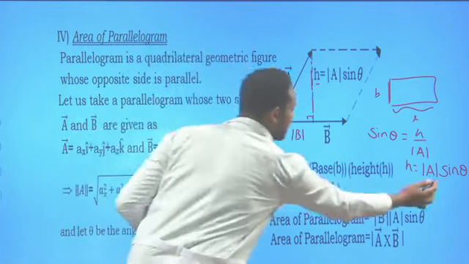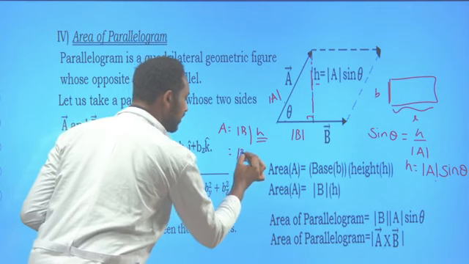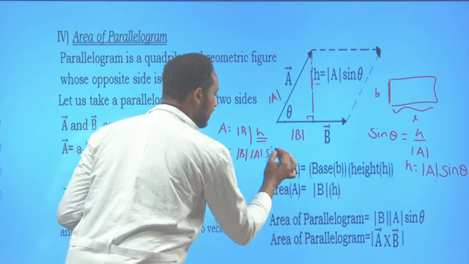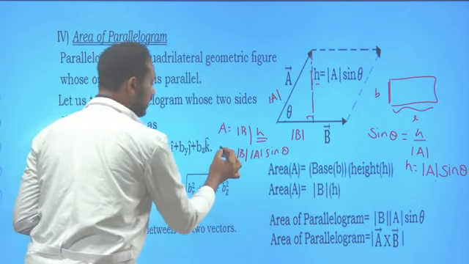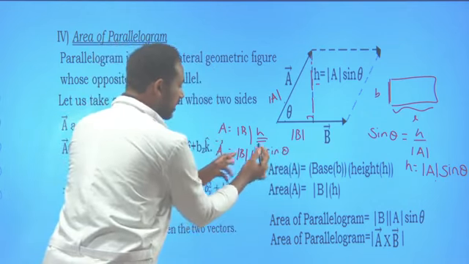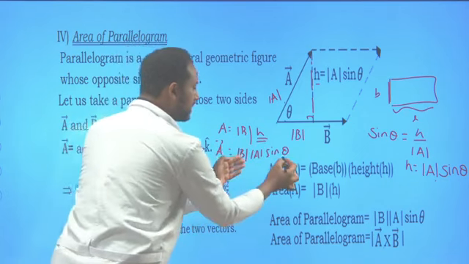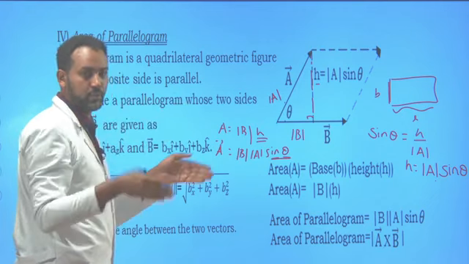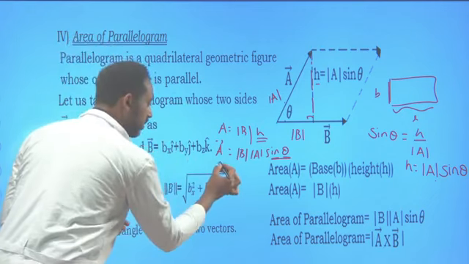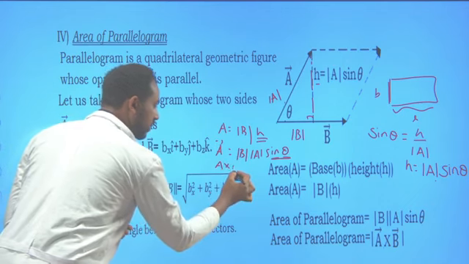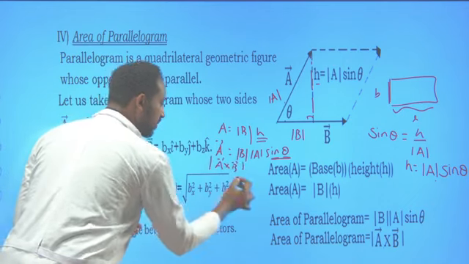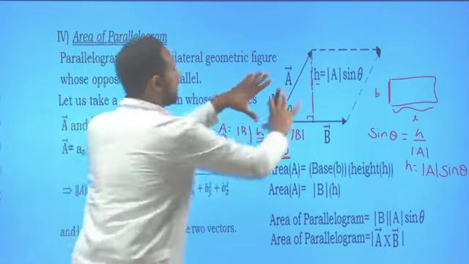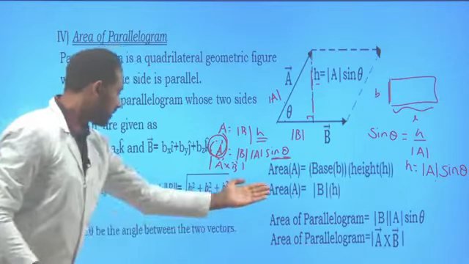And h can be represented as the magnitude of A sine theta. So the area is the magnitude of B times the magnitude of A sine theta, which means you are determining the magnitude of the cross product of the two vectors, A and B. The magnitude of A cross B gives the area of the parallelogram. This is what it says.